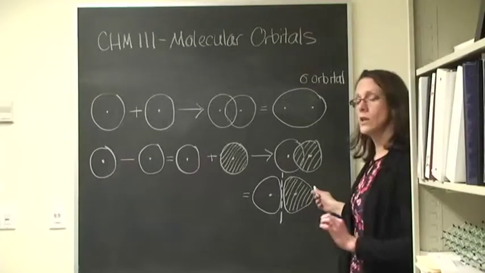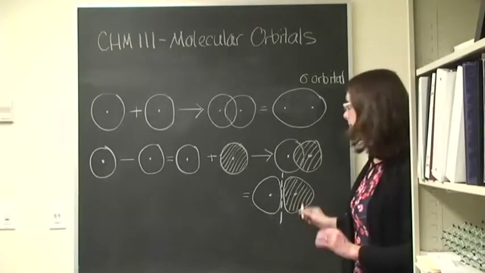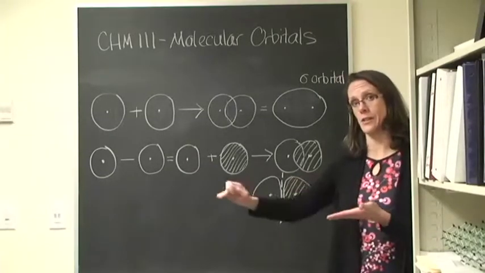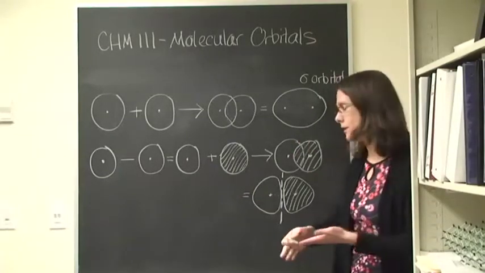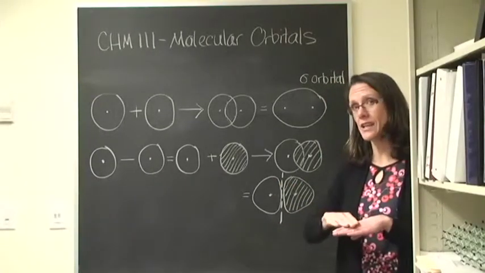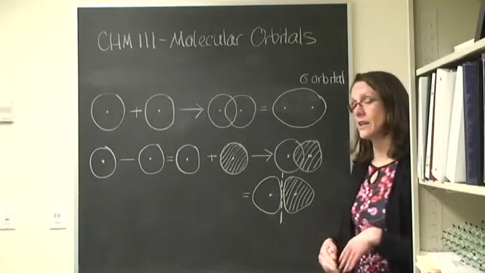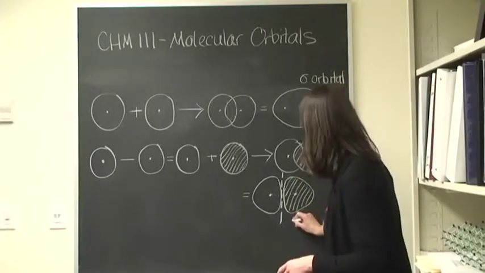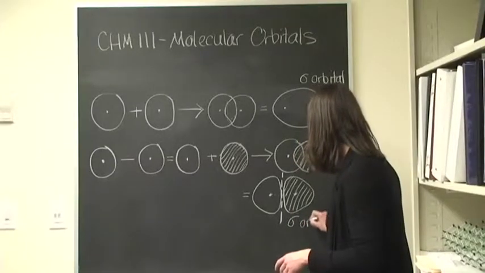This is also a sigma orbital. It has a node in it, which I showed you here, but that node is not along the bond axis. It's perpendicular to the bond axis. So here's the bond axis. An orbital that does not have a node along the bond axis, that has electron density there, is a sigma orbital. So this is also a sigma orbital.